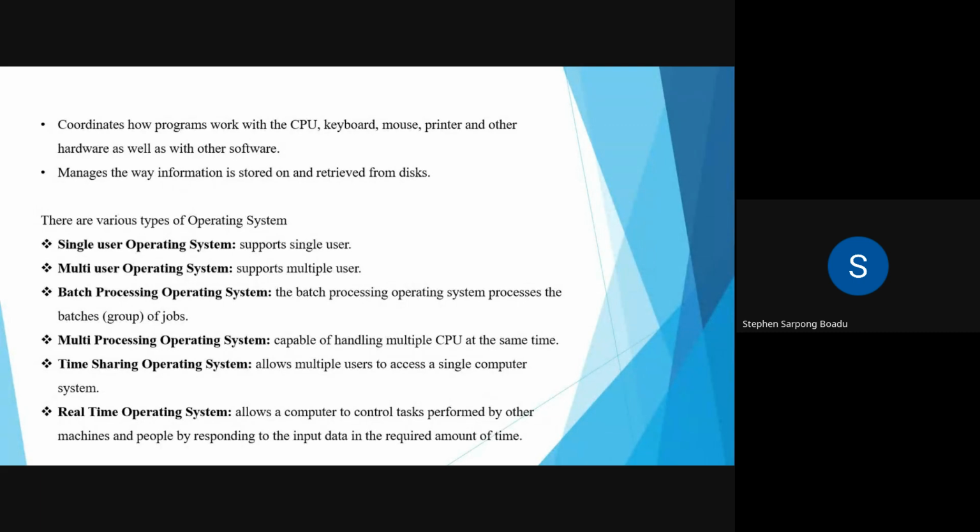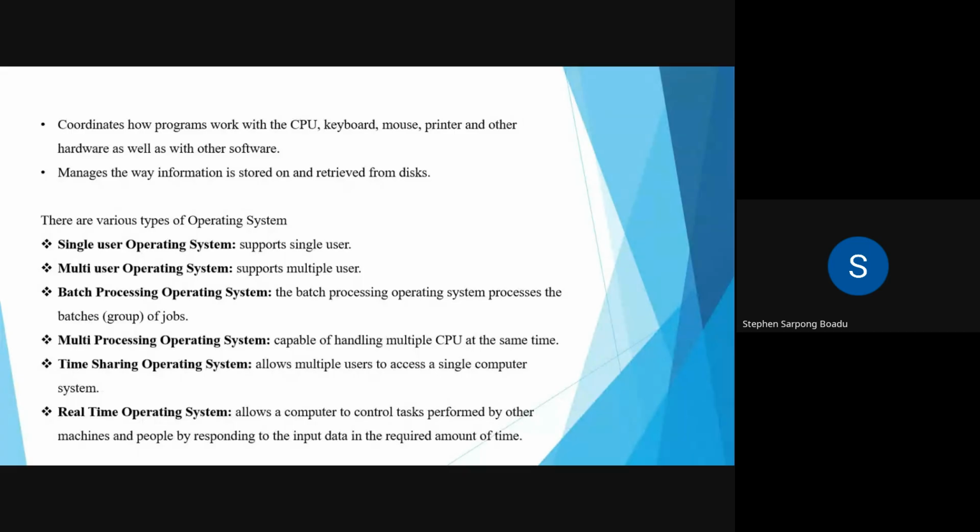And then we move on to the time-sharing operating system. A time-sharing operating system allows multiple users to access a single computer system. What time-sharing does is it gives each user a small time slice of the CPU.